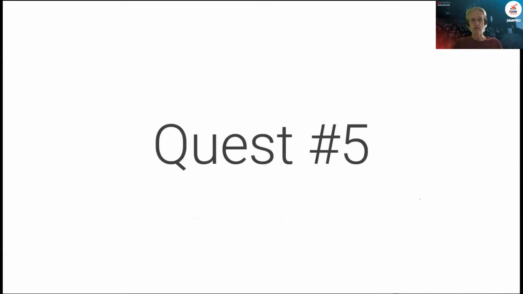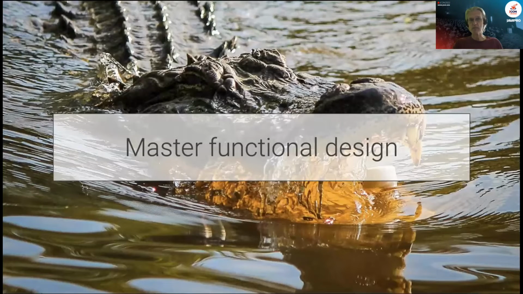Now for another daunting topic, more on the design side. I already mentioned that briefly when I gave you the example of the 100% available tab. We need to master functional design. And that's also a hard one. I rarely see it done right. And why is that the problem?